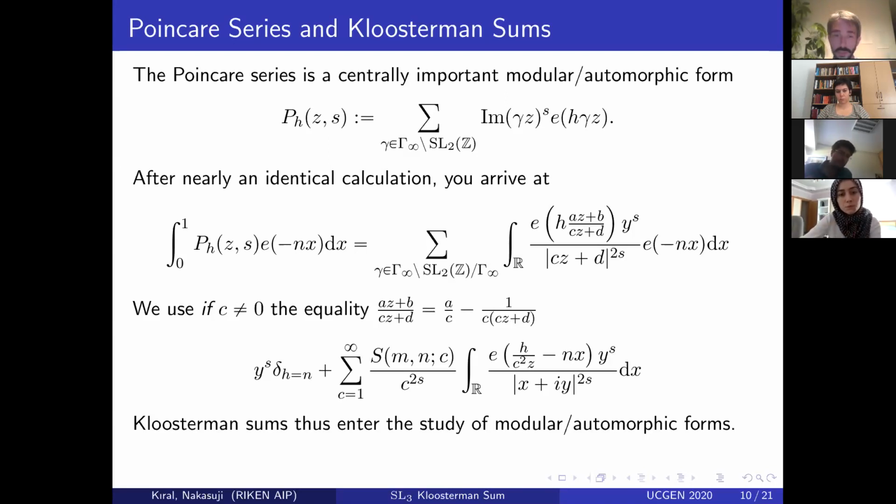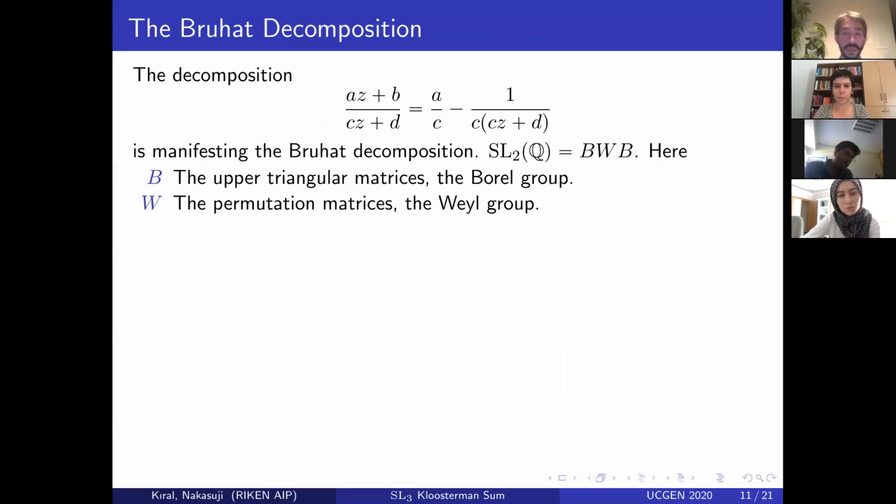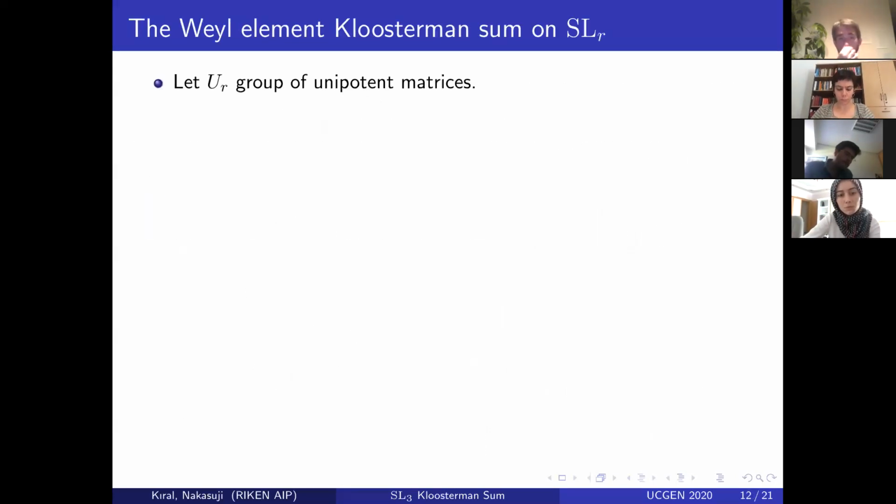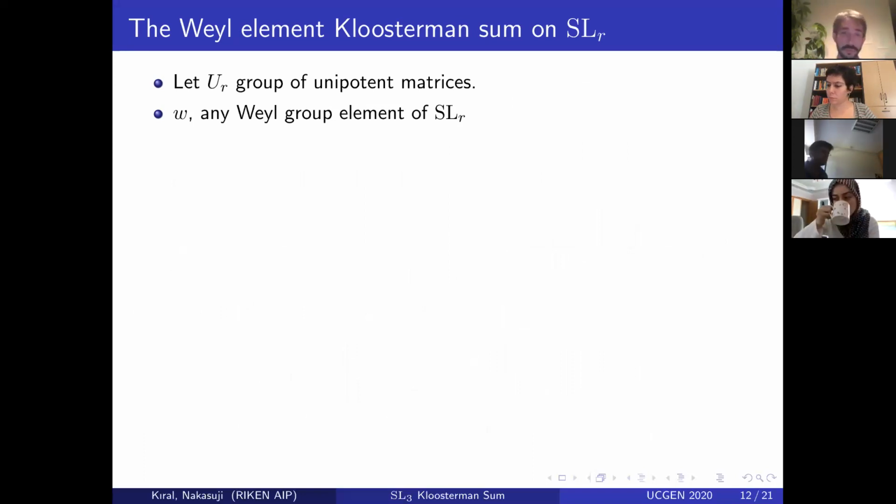So in the case of SL3, we will have 6 Kloosterman sums. Some of them may be trivial, and then therefore the Poincaré series Fourier expansion on SL3 will have 6 terms.